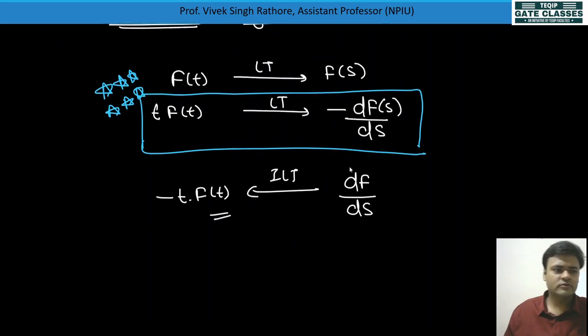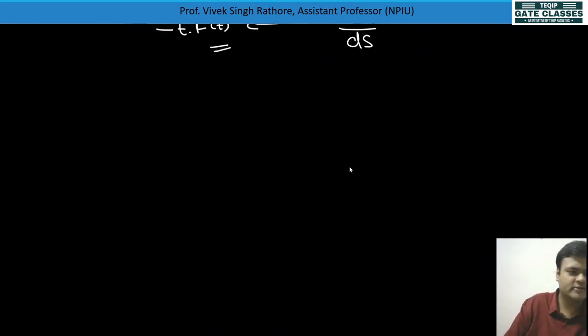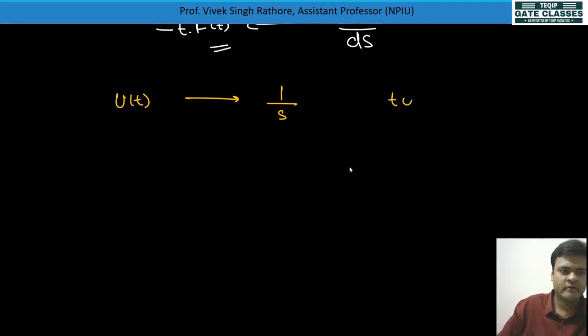So we'll see one question. u of t is there, its Laplace transform will be 1 by s. Now t into u of t will be there, then what will happen? Minus dF by ds will come.